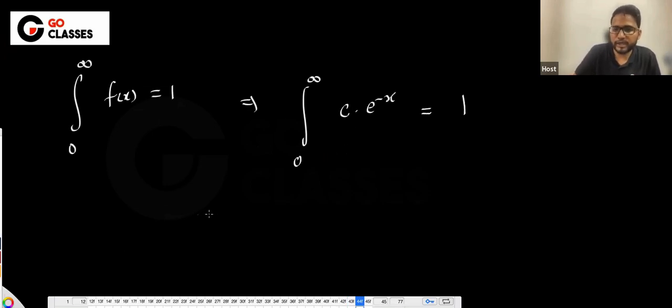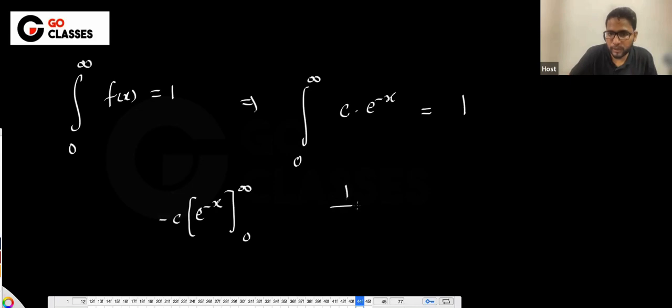Then c you can take outside, and the integration of e power x is e power x. So here it will be e power minus x, and you need to divide by minus 1 also, so it is minus c times e power minus x, from 0 to infinity. If you put infinity, e power minus infinity is 1 upon e power infinity, which is 0, minus 1 upon e power 0.